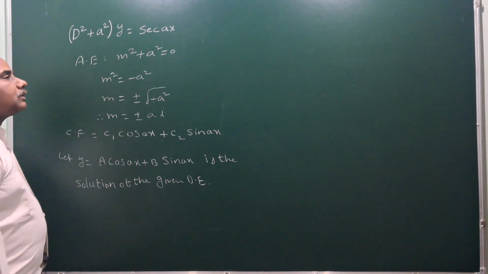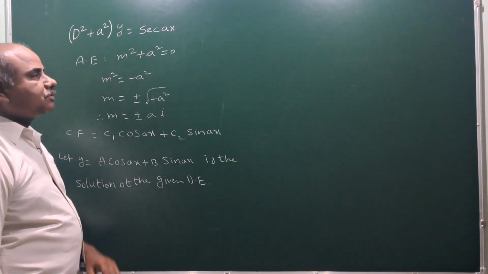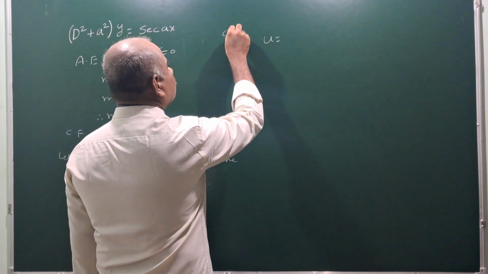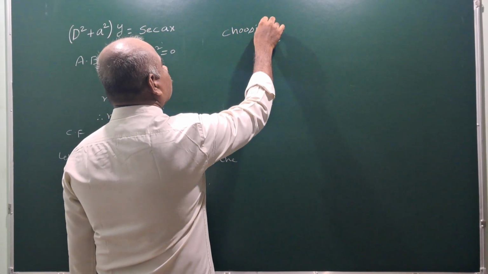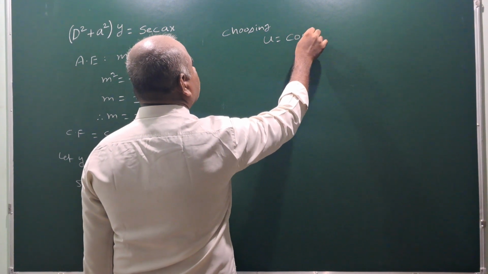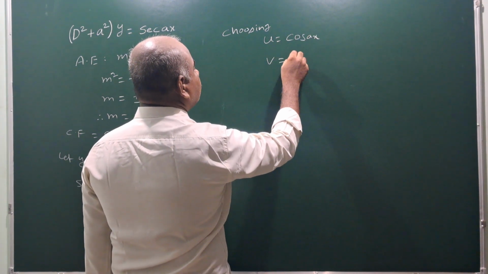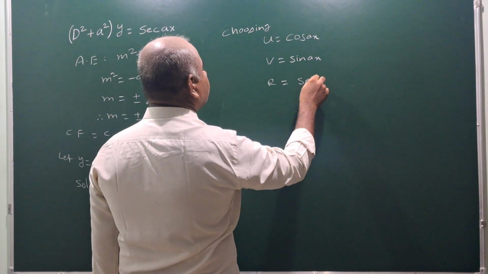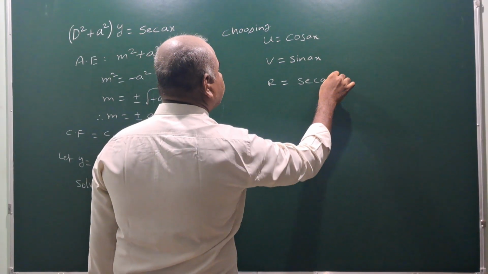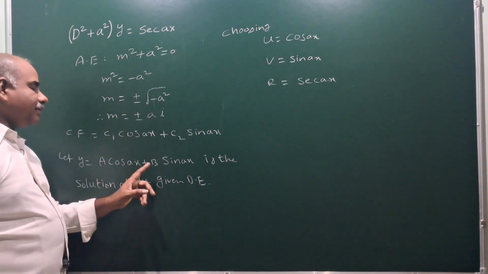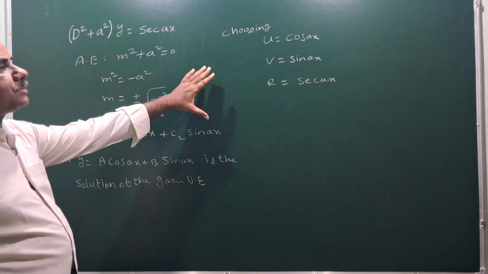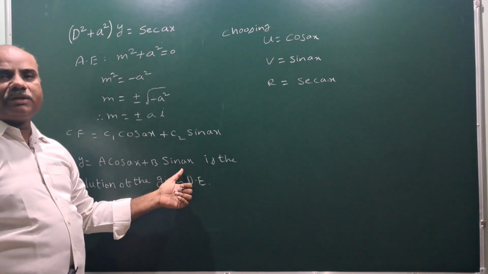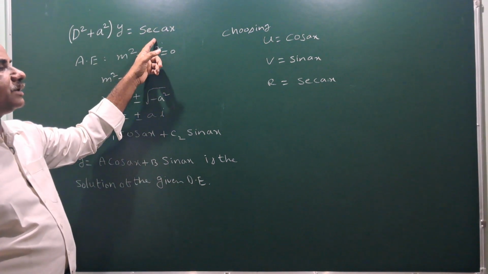To find the values of A and B, we have to choose three terms like this: u = cos ax, v = sin ax, and r = sec ax. So cos ax is taken as u, sin ax as v, and sec ax as r.